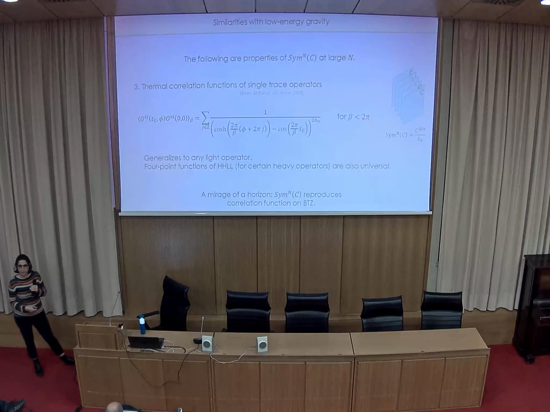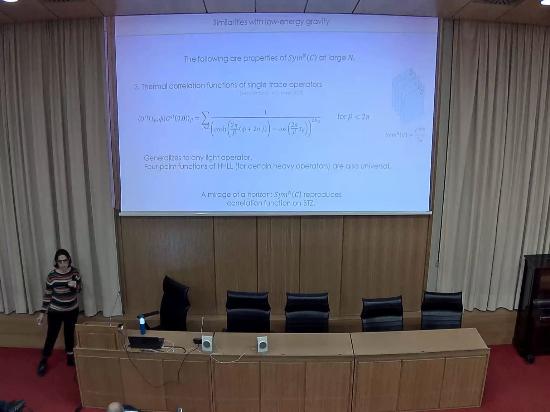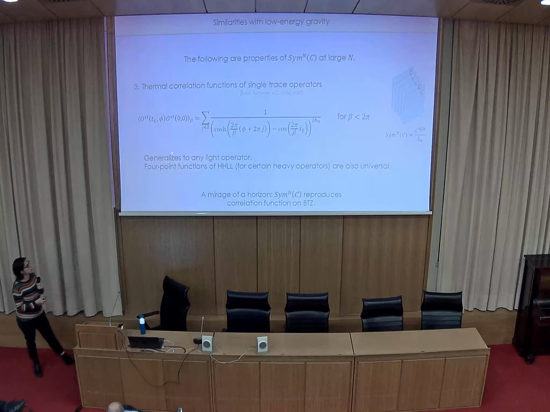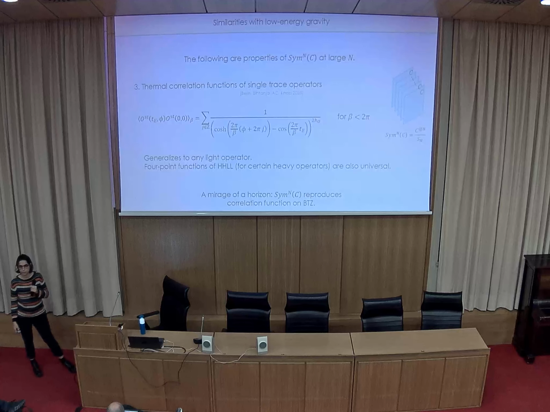Okay? So these are theories for which, again, I don't care what you put here. You will always get this as an answer for a single trace, or even more generally, for any light operator. And there's also quite a bit of universality in certain heavy-light correlation functions that we looked at. Okay, so it's quite impressive.